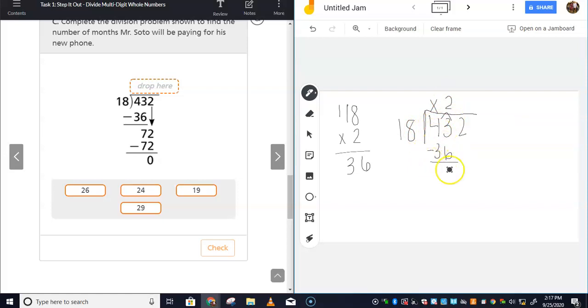We are going to subtract. We get a 7, bring down our 2. Now you're going to do 18 times what is 72. Because they give you answers here, it's either going to be 6, 4, or 9. Let's try 4. 8 times 4 is 32. 4, 5, 6, 7. So we get 24 as our answer.